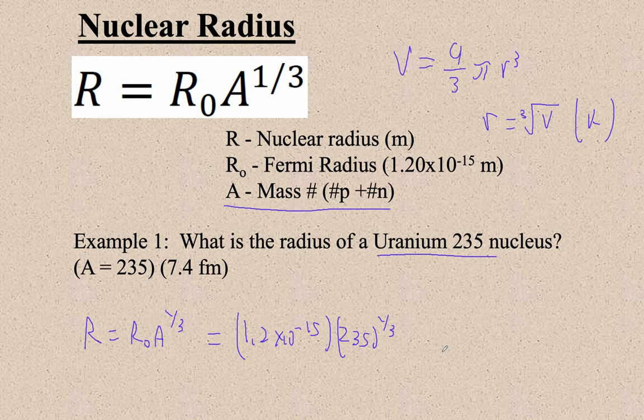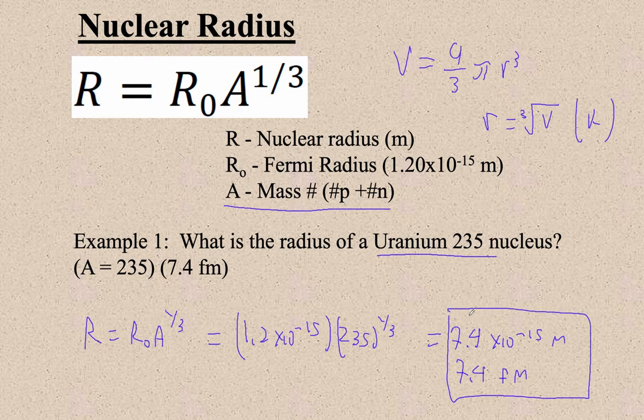So 1.2 times 10 to the minus 15th times 235 raised to the 1 divided by 3. This calculator makes it easy. It's 7.4 times 10 to the minus 15th, which is a femtometer, so 7.4 femtometers.